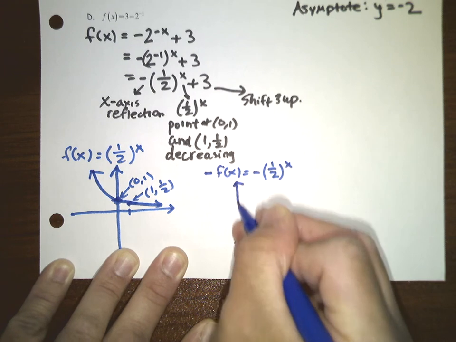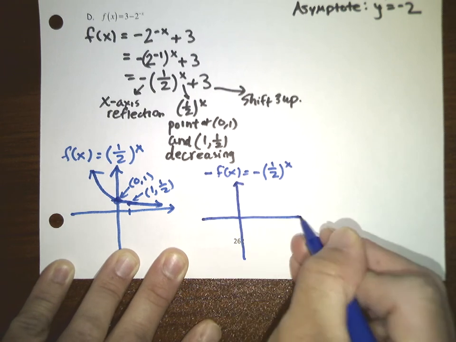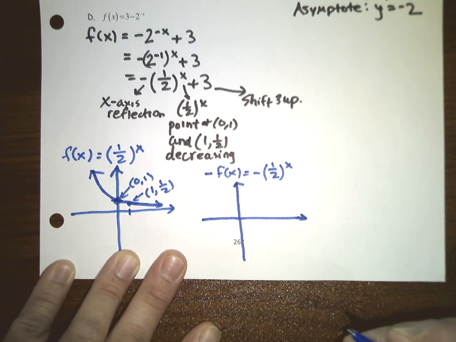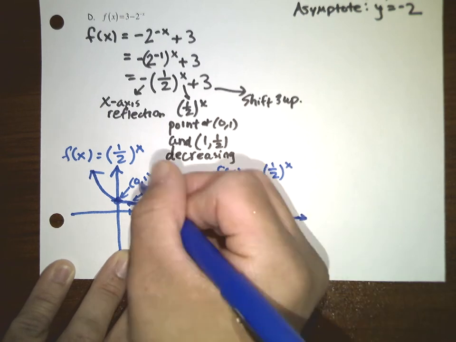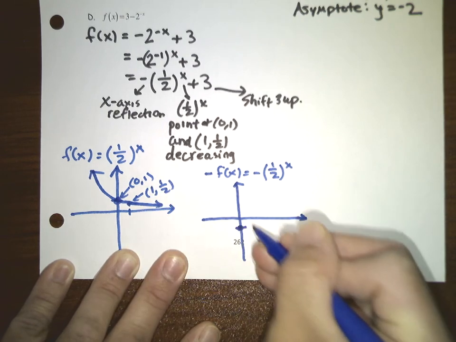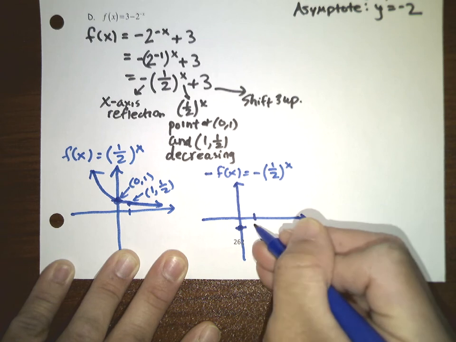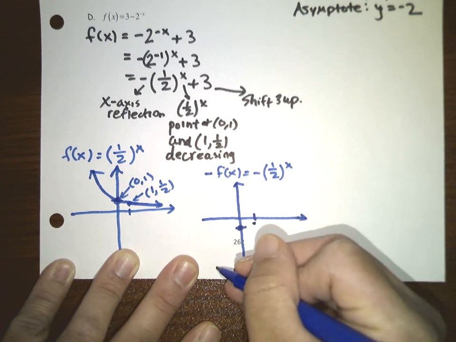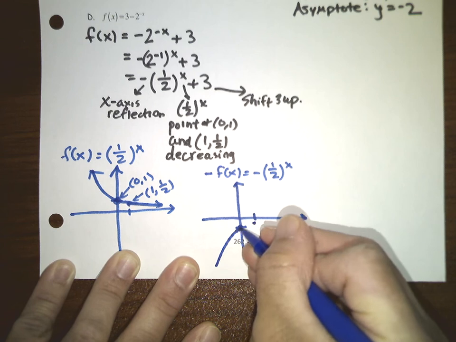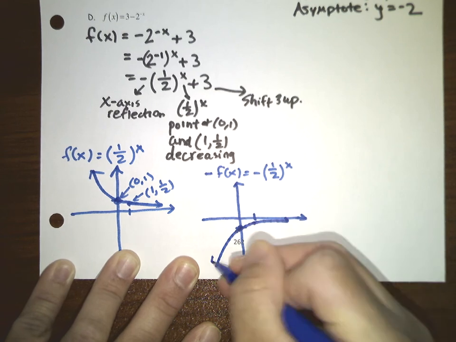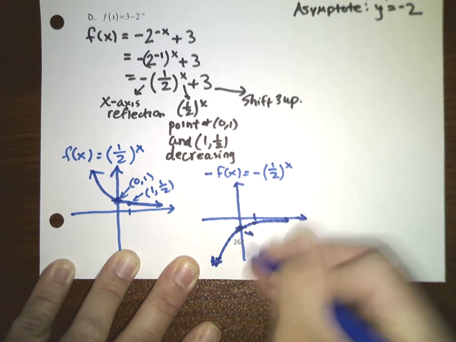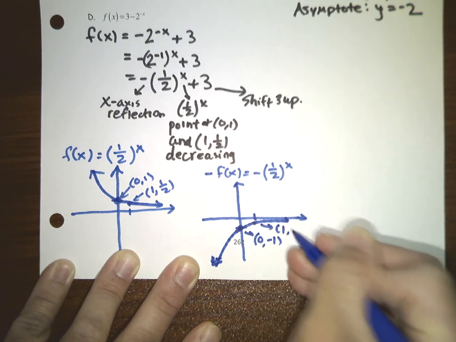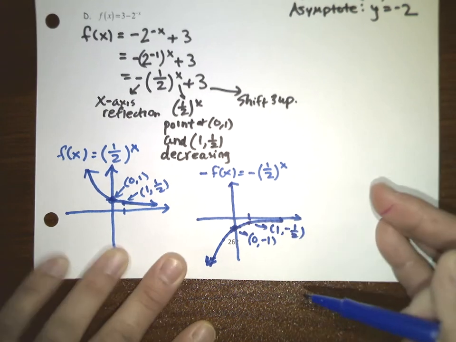So that means that the y values get multiplied by -1. So I have 0, -1 now, and 1, -1/2, and I see that the graph will look like this now. That's 0, -1, and 1, -1/2.